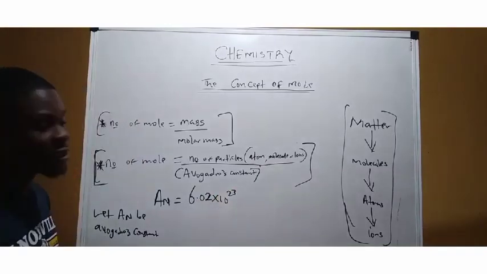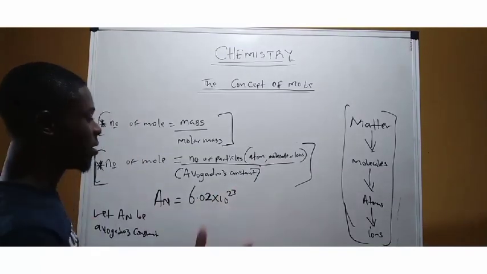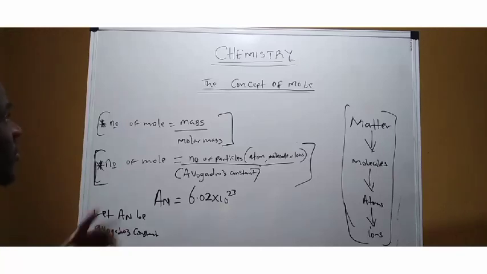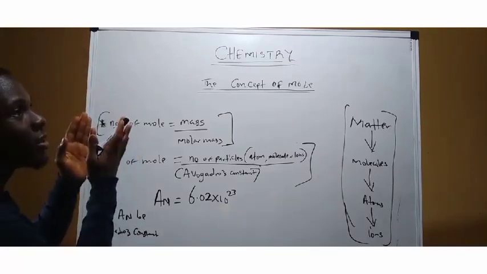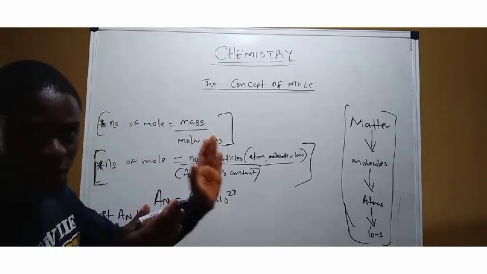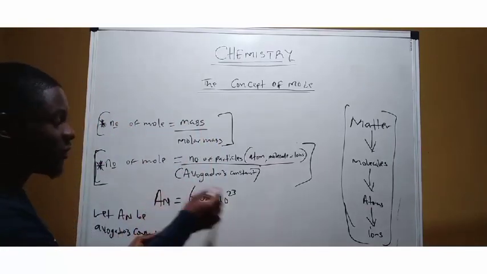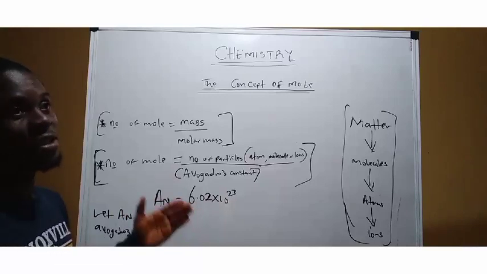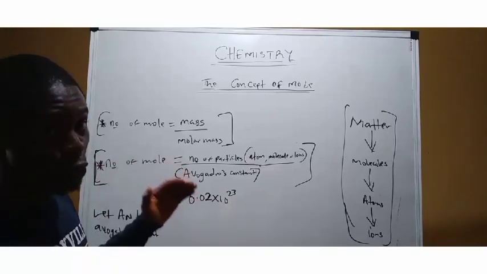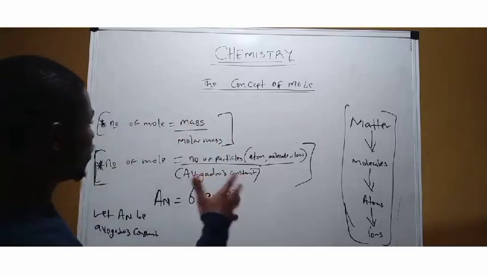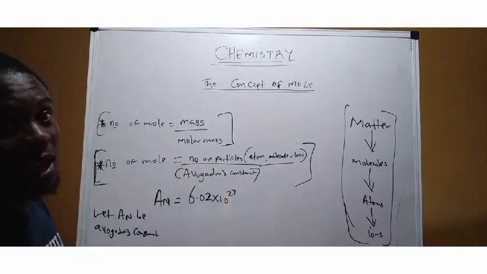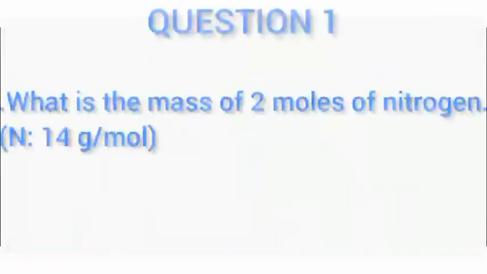Let me quickly digress a bit. Remember that 12 articles is equal to 1 dozen. When you have this value of a given substance, you are said to have 1 mole of that substance. With this relationship cleared, let's go straight to handling some practice problems.